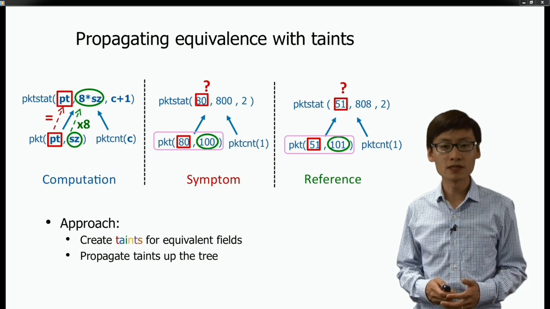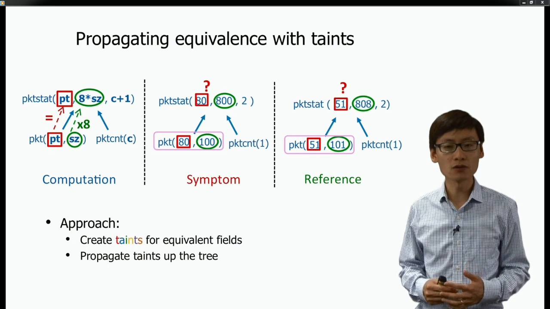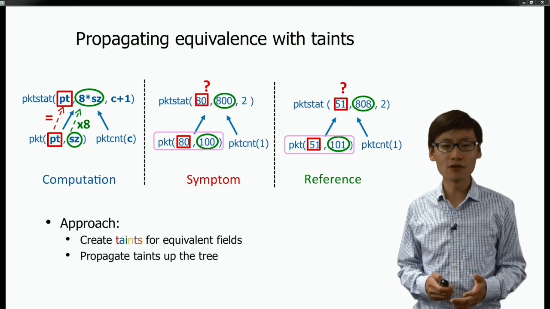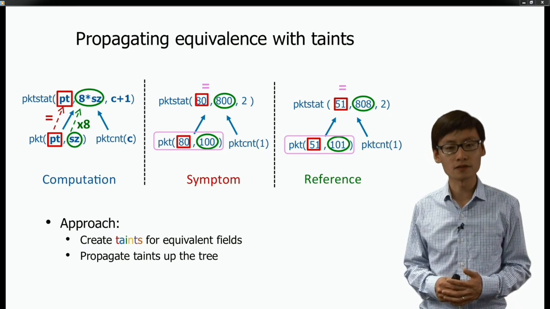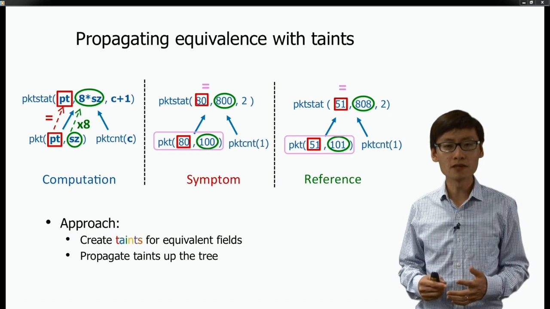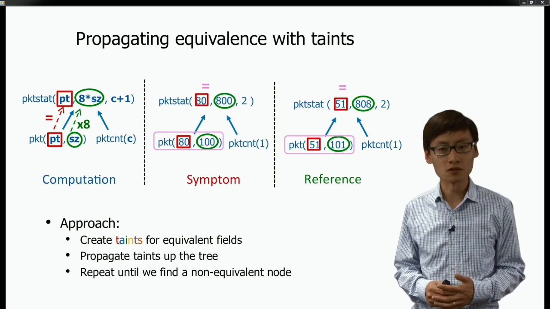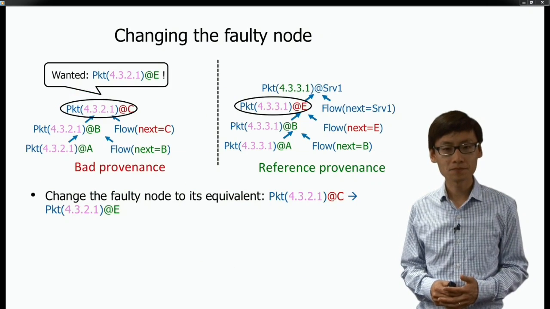We would therefore do the same for the green taints when we are propagating them from the child vertices to the parent vertices. This will allow us to recognize that the two parent vertices are also equivalent. We would repeat this process until we arrive at a non-equivalent node. Then we would stop and make the change.